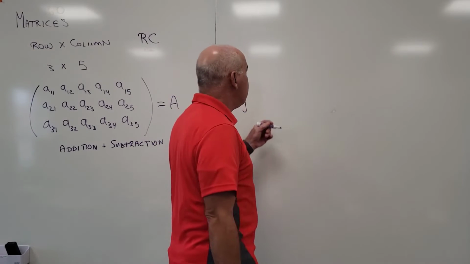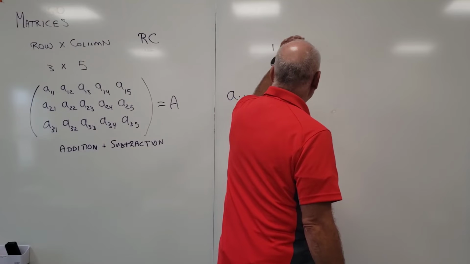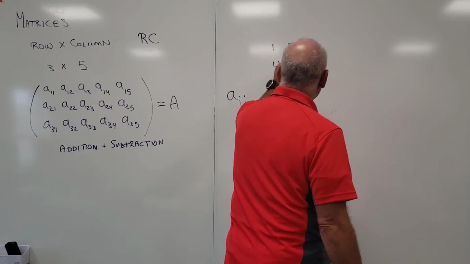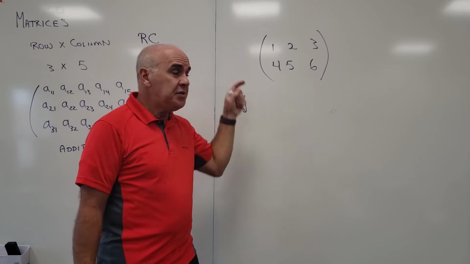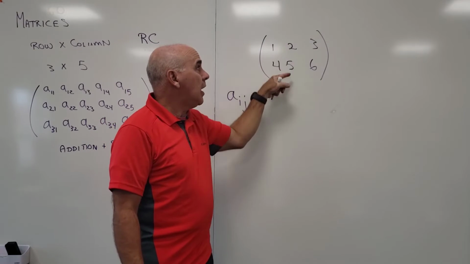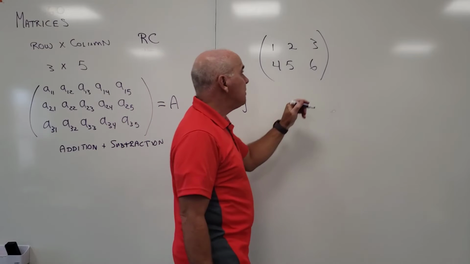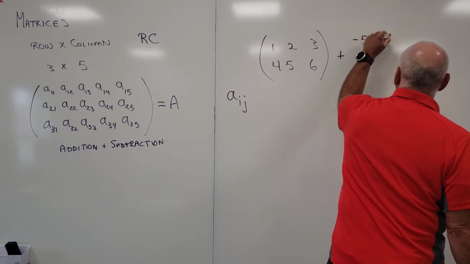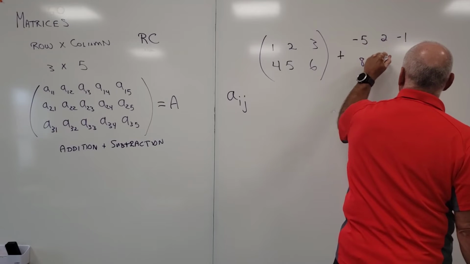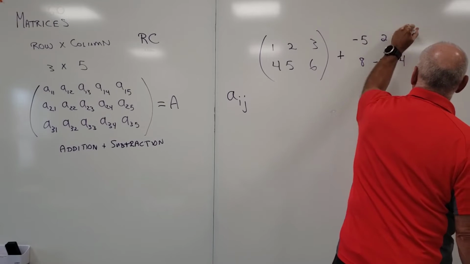So let's do a real quick example. Let's say I have 1, 2, 3, 4, 5, 6. There's a simple 2 by 3 matrix, right? 2 rows, 3 columns. And let's add that to another, and maybe it will be -5, 2, -1, 8, -7, 4.